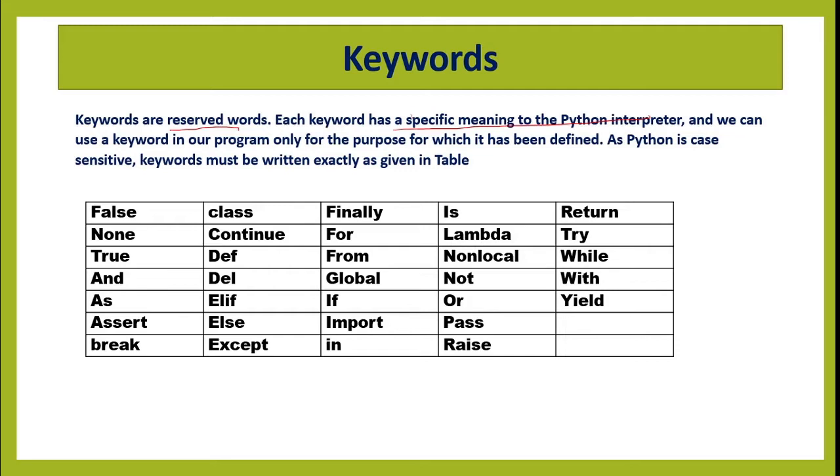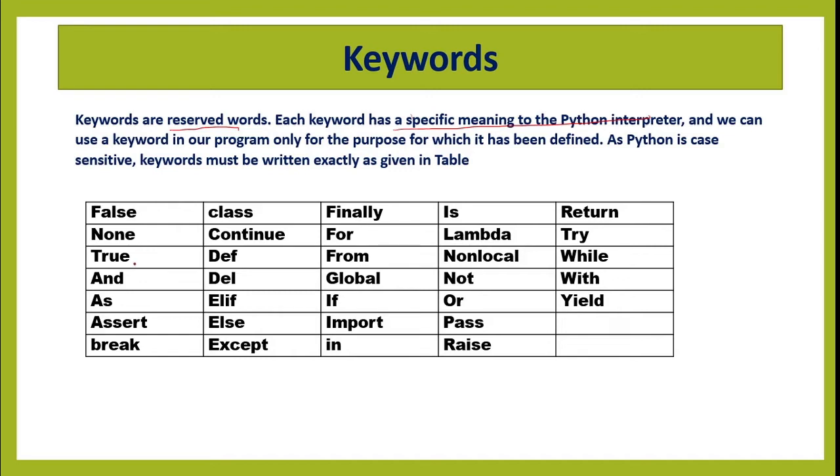Then we can use a keyword in our program only for the purpose for which it has been defined. So as Python is case sensitive, keywords must be written exactly as given in the table. Okay. So what are the keywords?